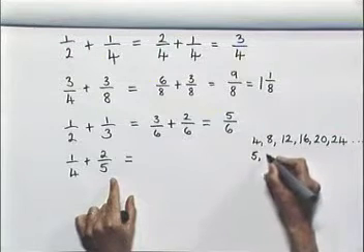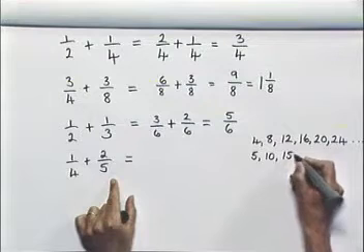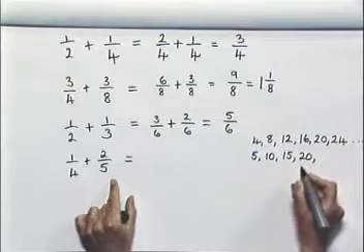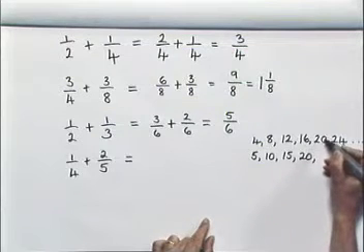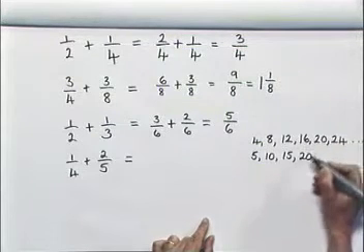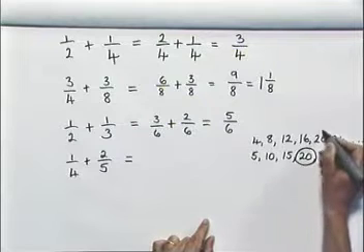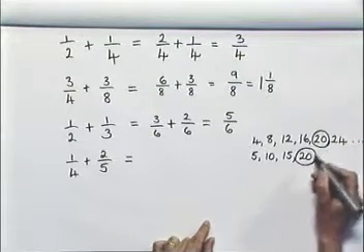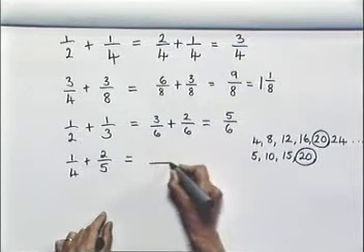There's 5, 10, 15, 20. I can stop there because I've now found a common number, one that's in both the 4s and the 5s. So 20 is our common denominator.